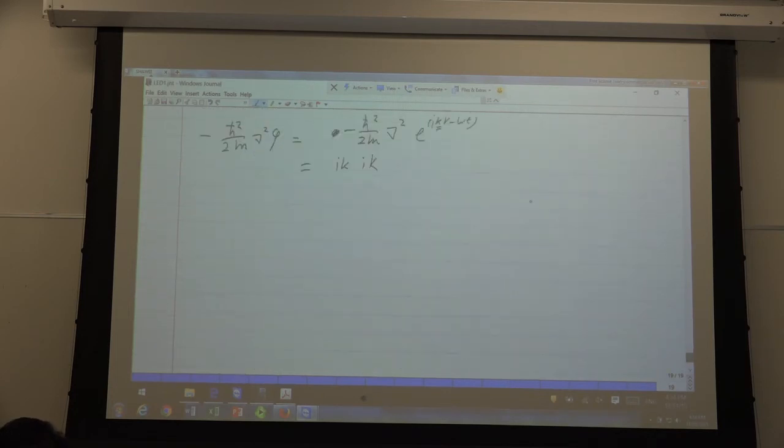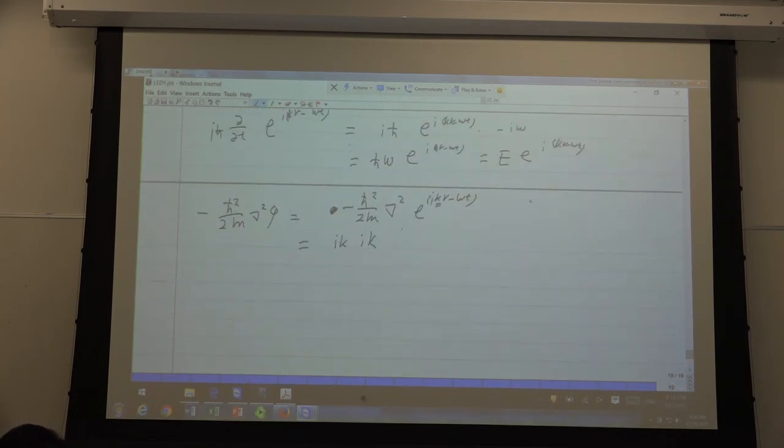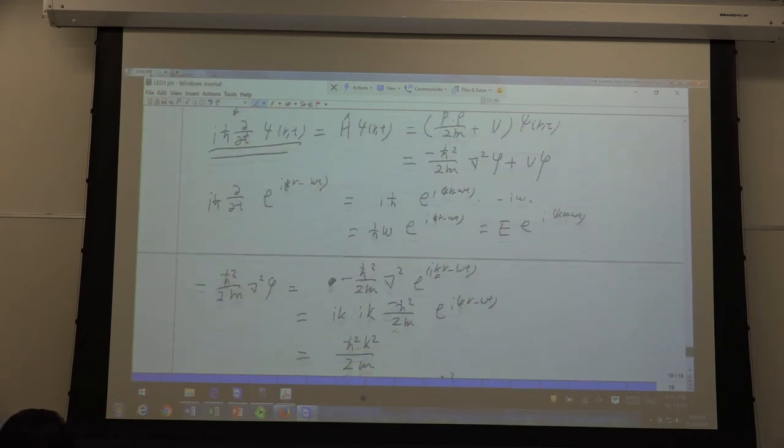This is the reason why they can guess this equation. The h bar squared over 2m times e to the i (kr minus omega t) is the same, so this here is just h bar squared k squared over 2m, just p squared over 2m. So I finish all. This is the reason why they get the form like this.